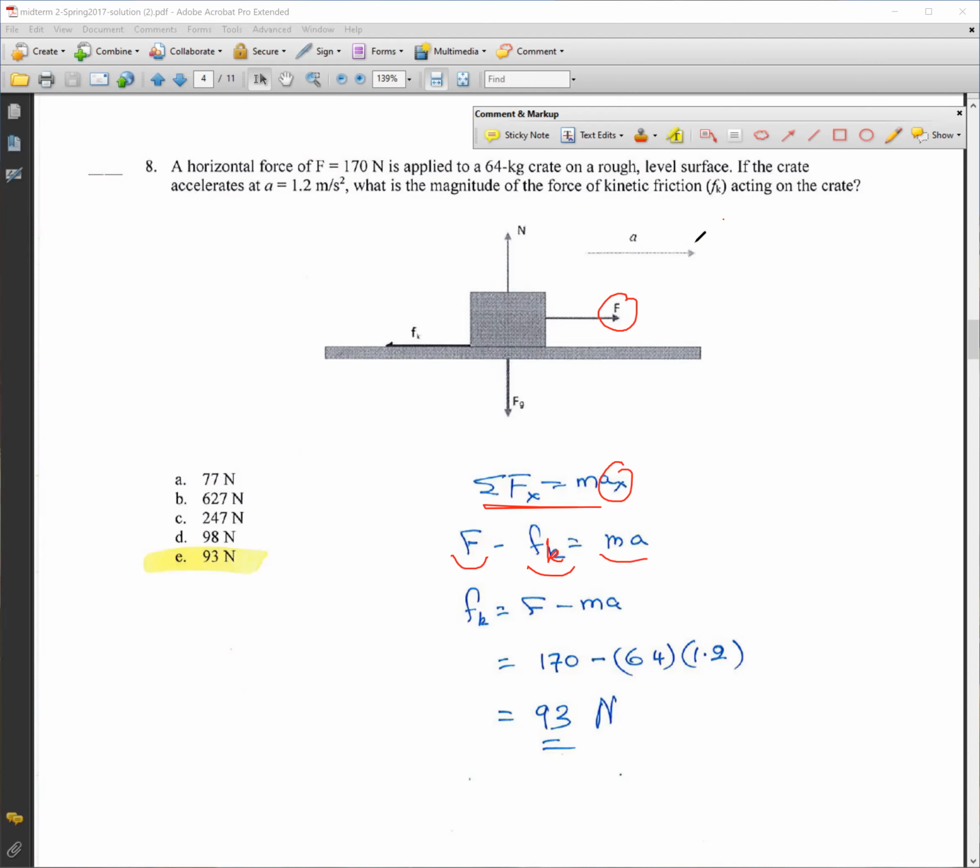The question wants the magnitude of the force of kinetic friction, so all you have to do is take the friction to the other side, swap both sides, and you end up with friction equal to force minus MA. Plug in the numbers and you end up with 93 newtons. Again, straightforward.